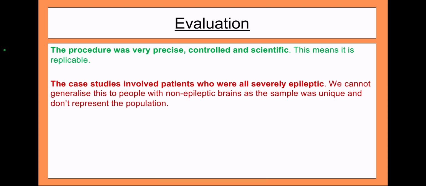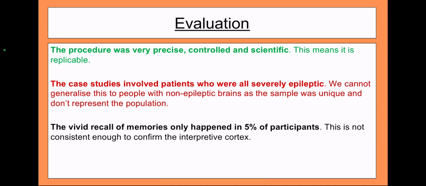These epileptic brains are very different to non-epileptic brains, so the results may not generalize to non-epileptic patients. In terms of his interpretive cortex, patients only reported this about 5% of the time, and this might not be considered consistent enough to actually confirm that the interpretive cortex exists.